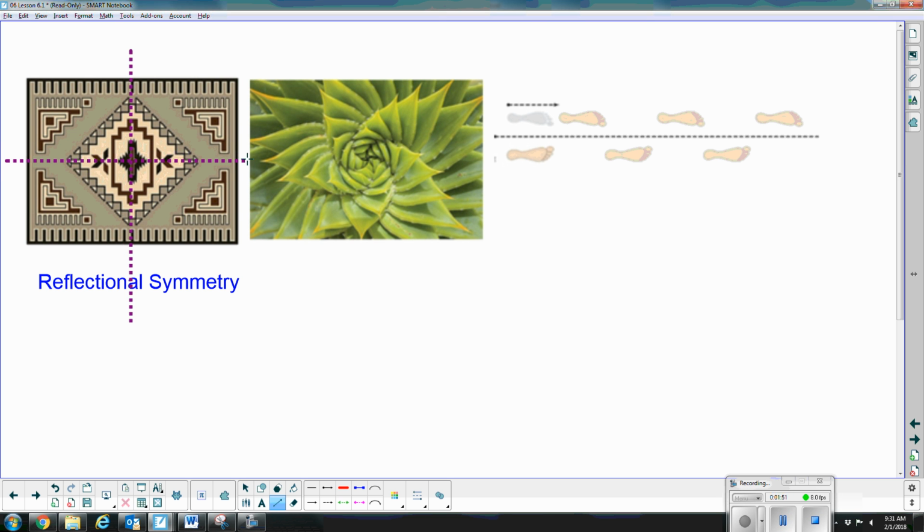Could do the same thing if I drew a line right through the middle horizontally. If I held out a mirror right on this line, the top would reflect in that mirror and it would coincide with that bottom image.